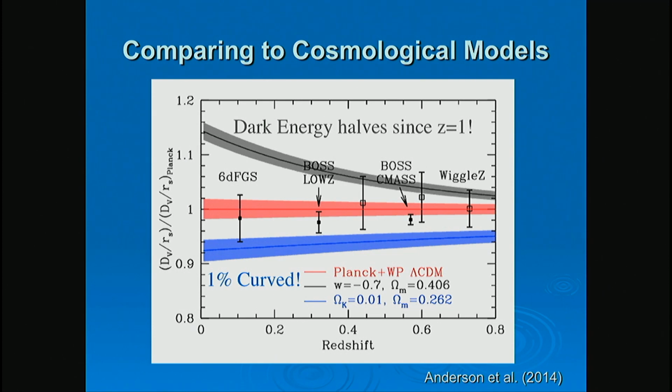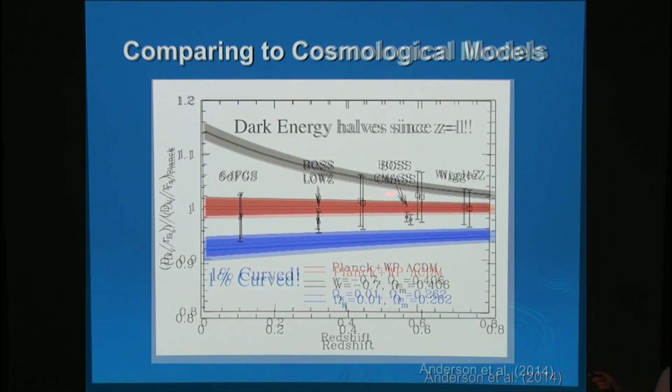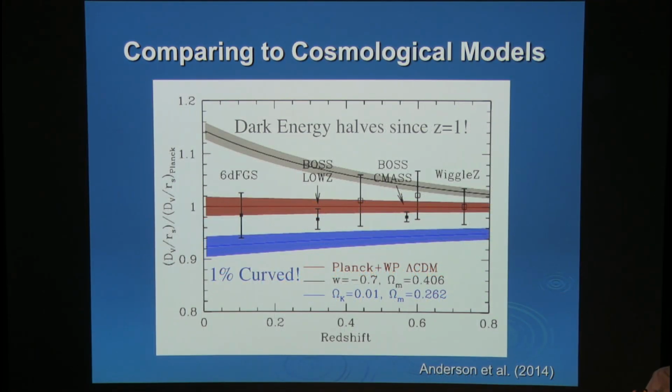That moves the prediction down to this blue region, not as good a fit to the data. Or we could keep it flat, but not assume the cosmological constant. We're going to allow the dark energy to change in time. In particular, let's pick a dark energy that has gotten a factor of 2 weaker since redshift of 1. That would give us this gray swath here, again not as good a fit to the data.